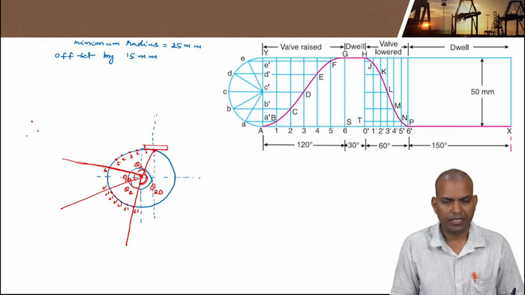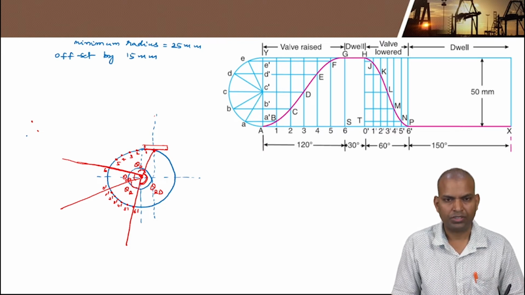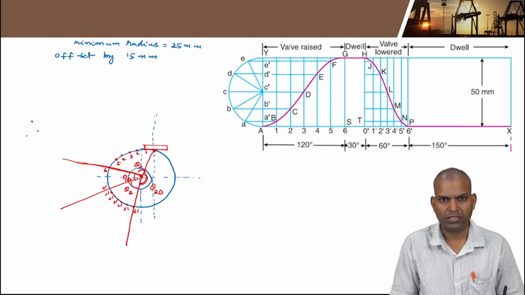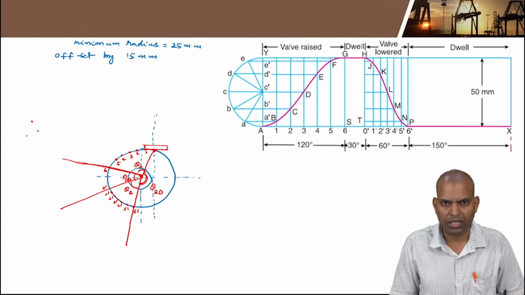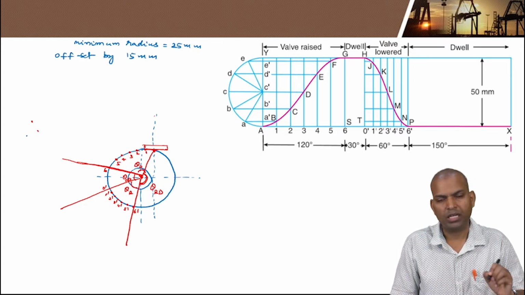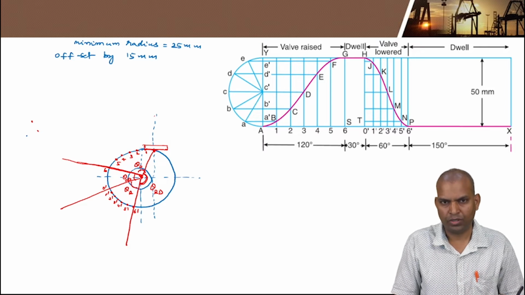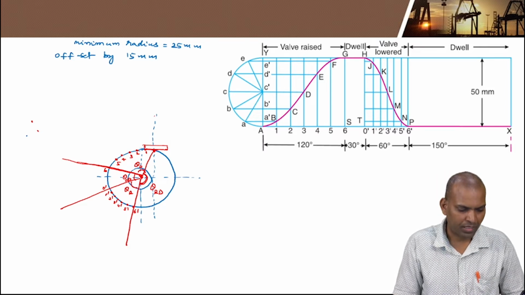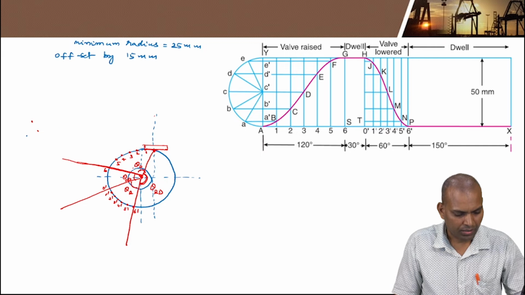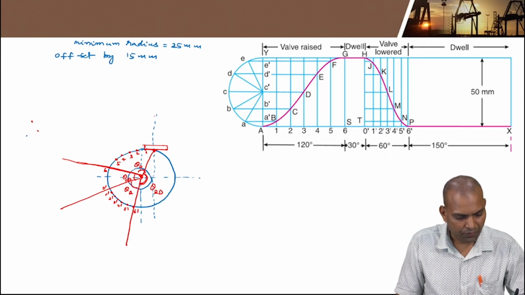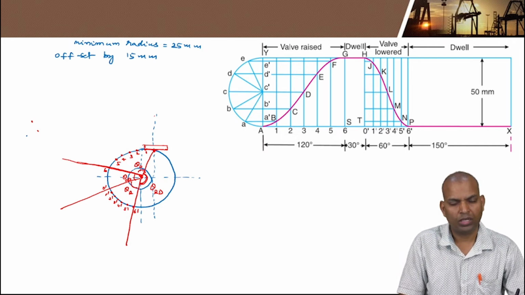In the case of radial lines, we have drawn the radial lines. Now, in the case of the offset circle, we have to draw tangential lines passing through these division points. So draw tangentials to the offset circle.